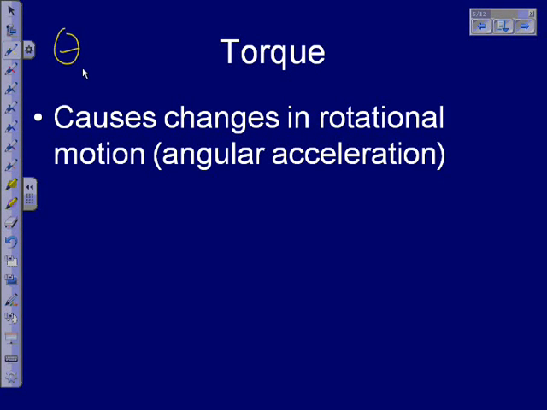Theta, angular displacement: how far do we spin? Omega, angular velocity: how fast are we spinning? Alpha, angular acceleration: how much are we changing? Torque is causing the change in rotational motion.